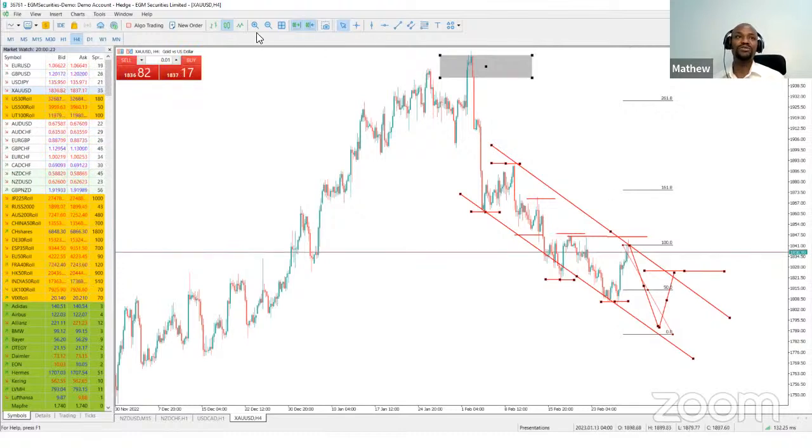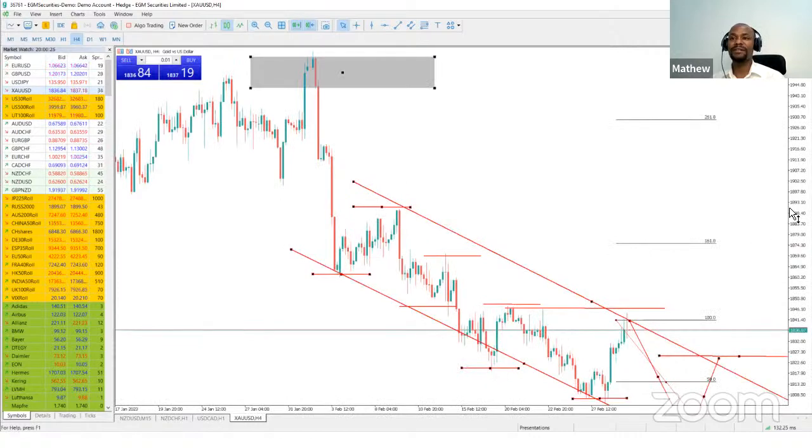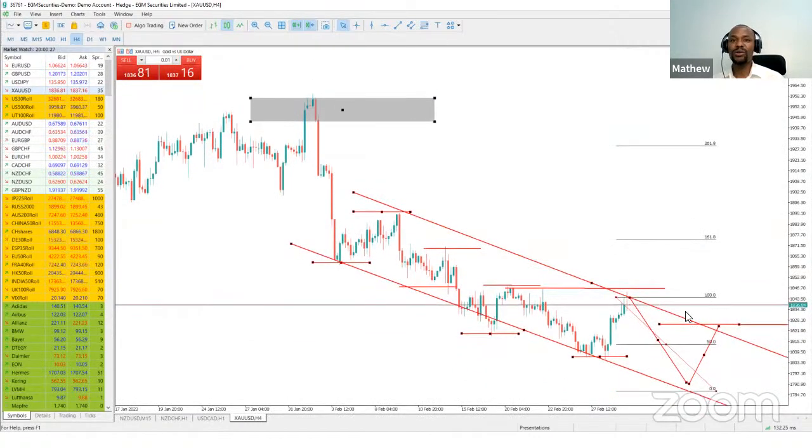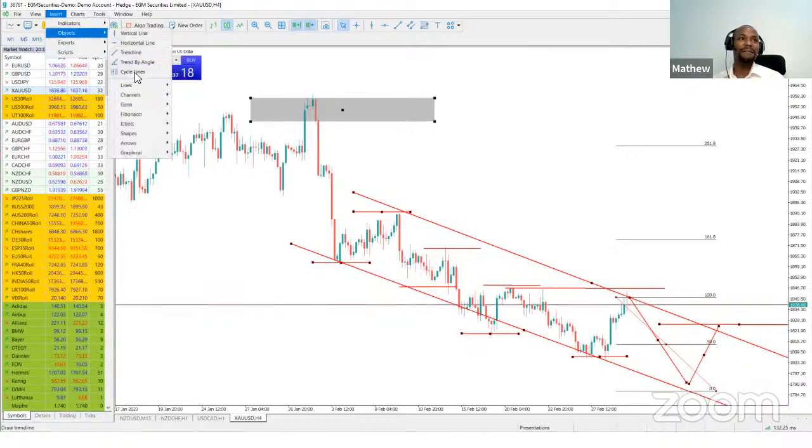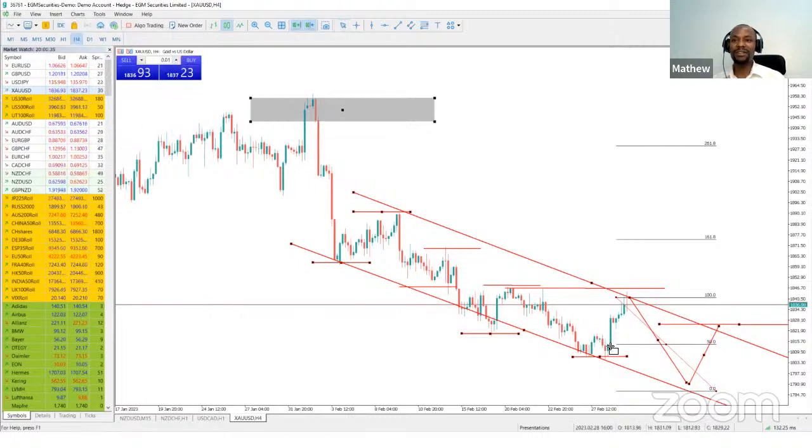In this case, if we zoom in on this chart and look right below here, this is a gold chart. Where you have a very big move coming from, for example, let's look at this part here. You have a very big move coming from that region, so likely that's more of a demand zone. That's how you will know.